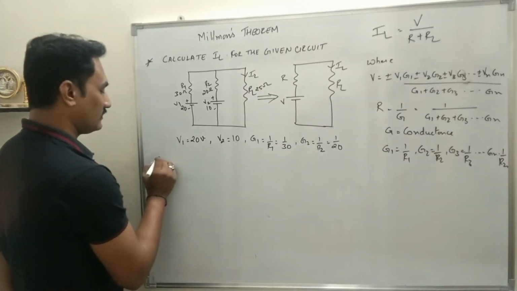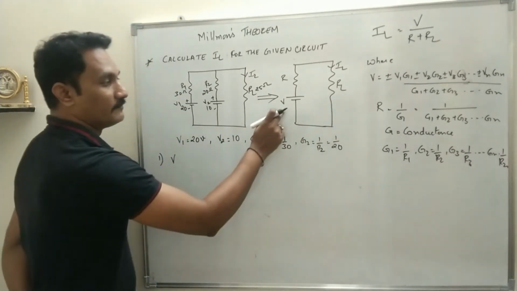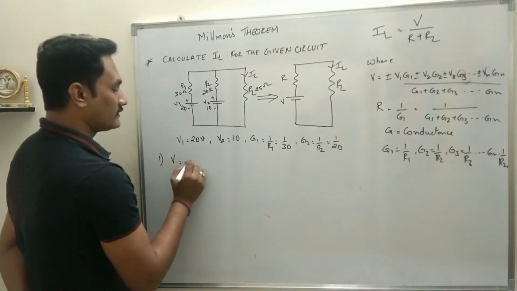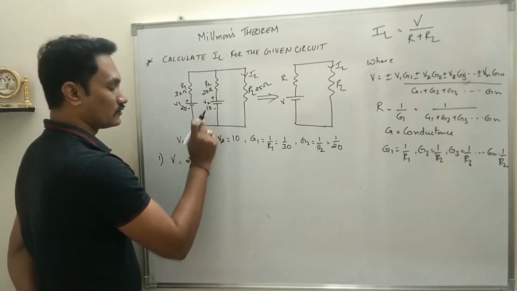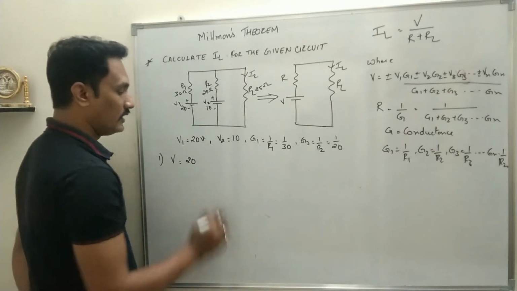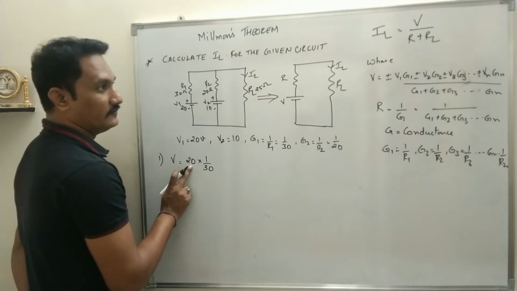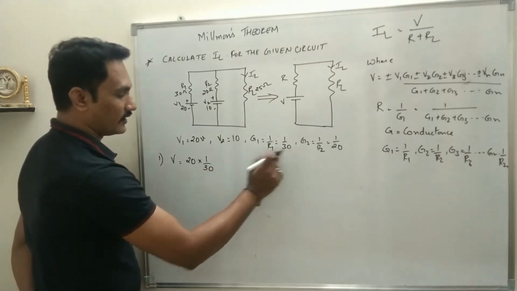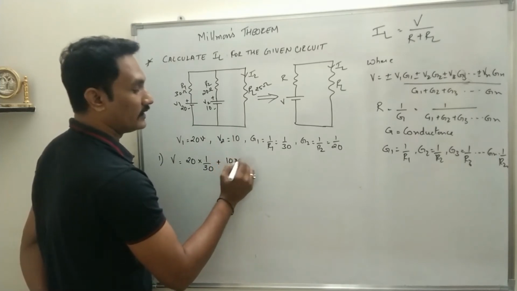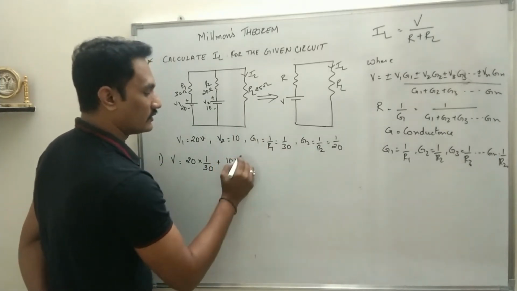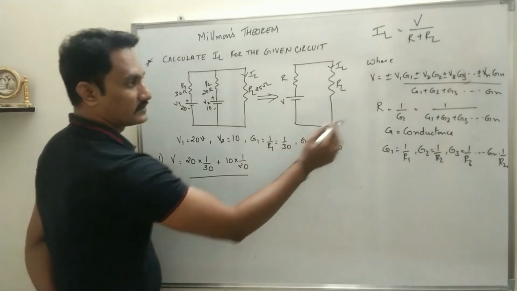Okay, so the first one which we will calculate is the V, equivalent voltage. So this is 20 volt. Now you can see the polarity of the sources are same, so same current will flow through RL, so it will be 20 into 1 upon 30. V1, G1 is 1 upon 30, plus next V2, 10 multiplied by G2, so it will be 1 upon 20, upon G1 plus G2, right?